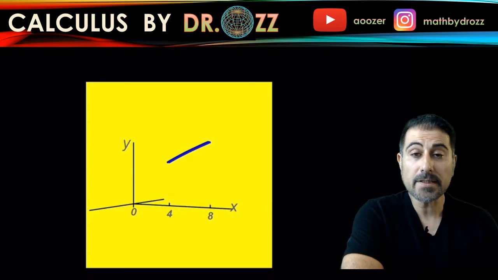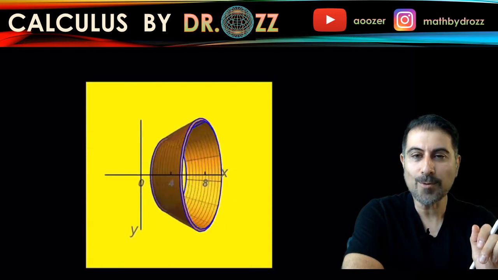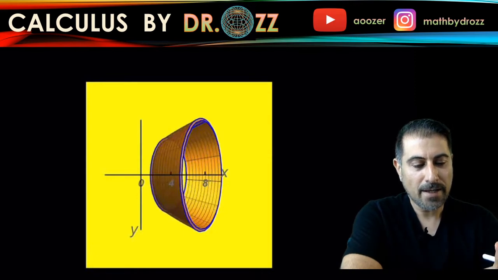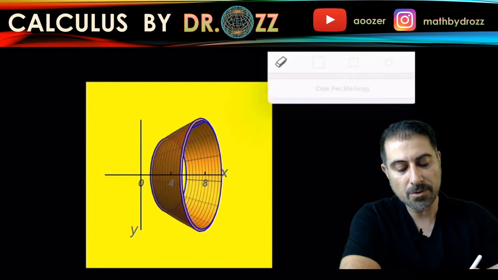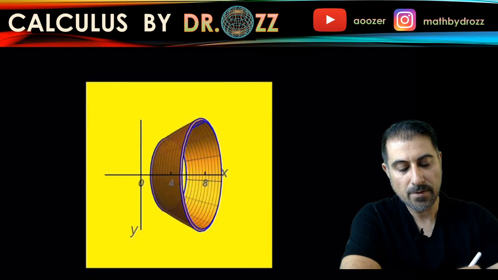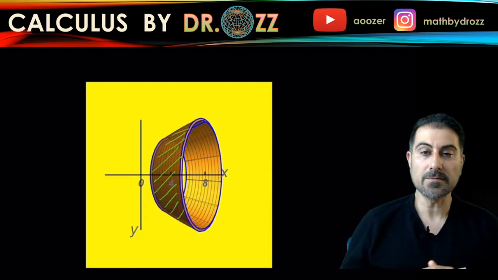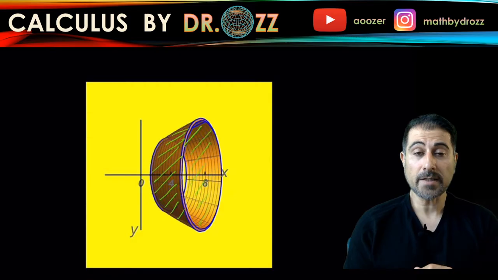Let's see what it looks like. There we go. You rotate it all the way. Here is the three-dimensional picture. What we're interested in here is to find the area of the surface. There's the other side of that, obviously. So we're going to find the surface area of this three-dimensional object.